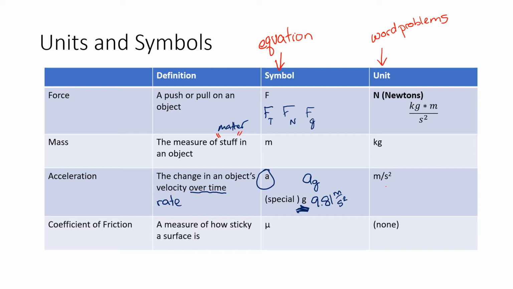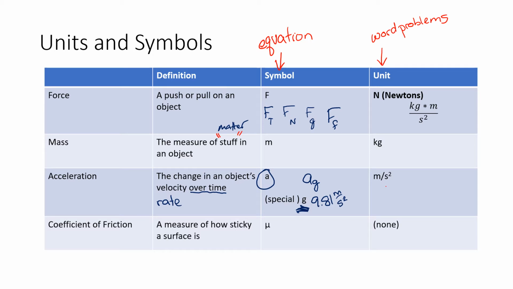In this case, capital F, all of those things are forces, all of those things are pushes or pulls. It's just describing what's causing the push or the pull. So force of tension, normal force, force of gravity, force applied, force of friction. Those are all forces, and the little letter is describing the force.